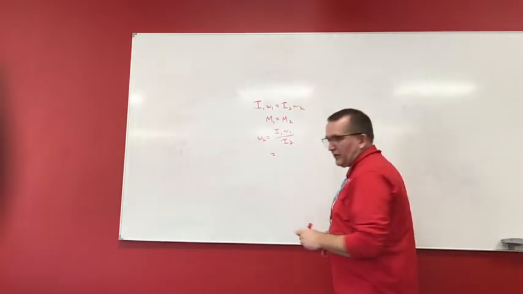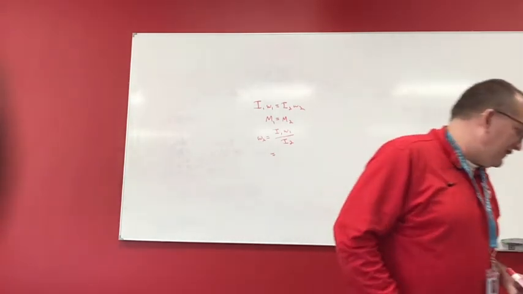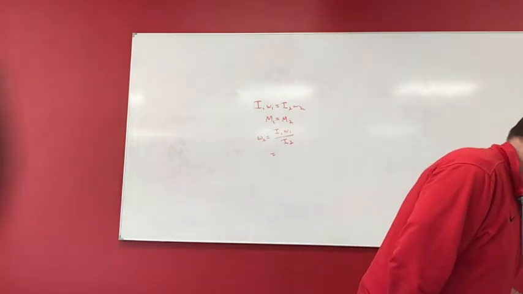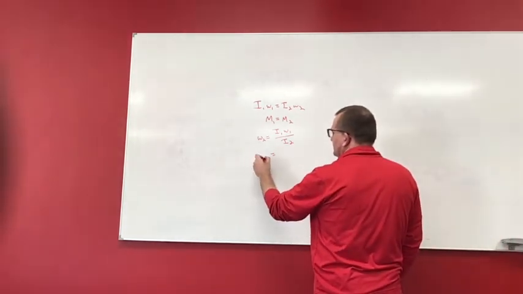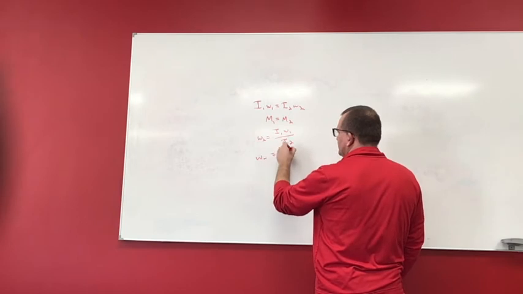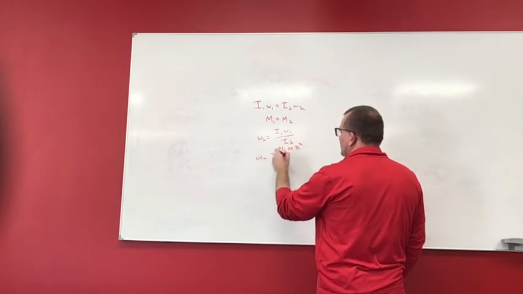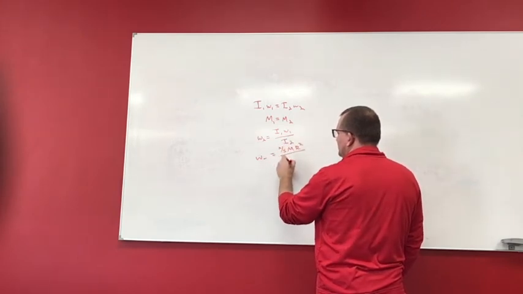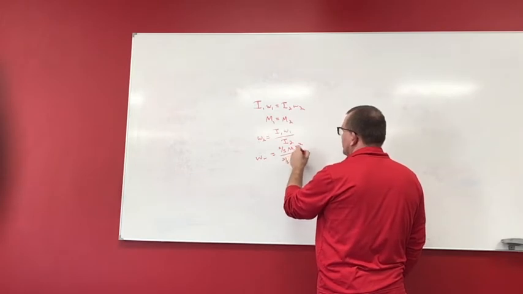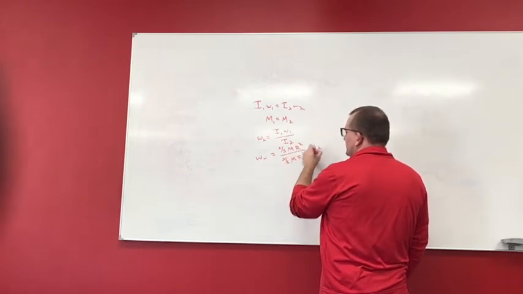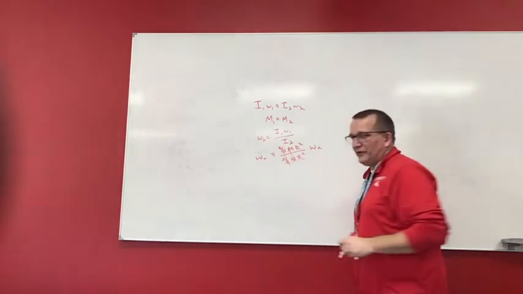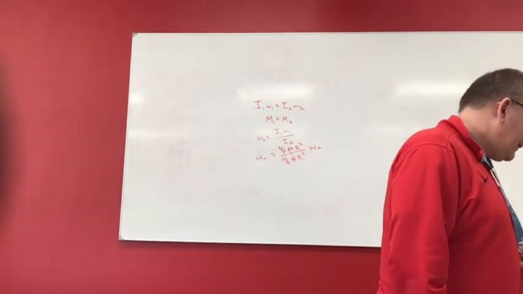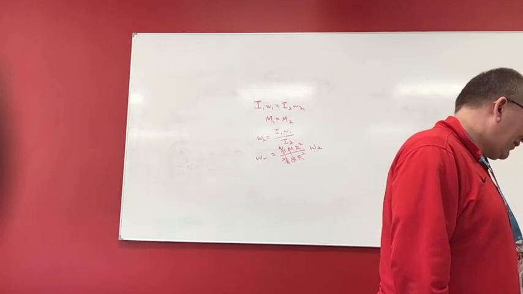Now, if we're talking about a star, which is a sphere, it should be 2/5 mr squared. So that's going to be 2/5 mr squared over 2/5 mr squared times W1. Now we assume the masses are the same, and this is the same. So really, the only thing that's going to be different is what the radii are before and after.